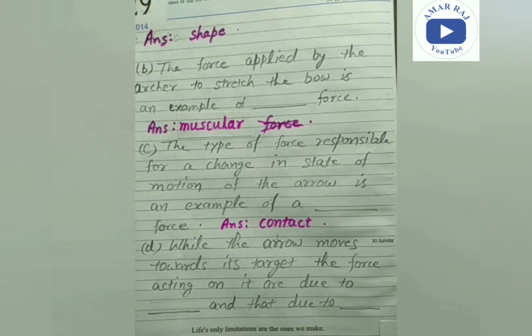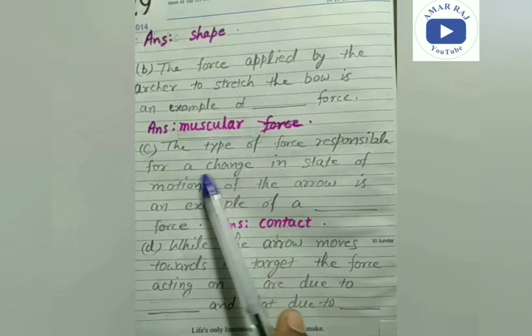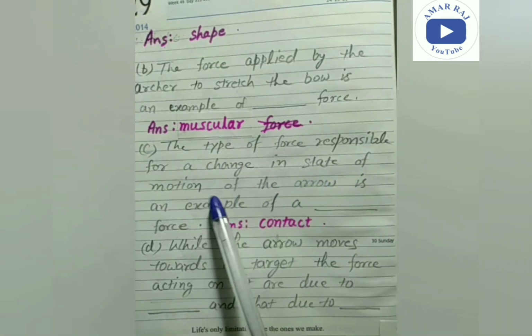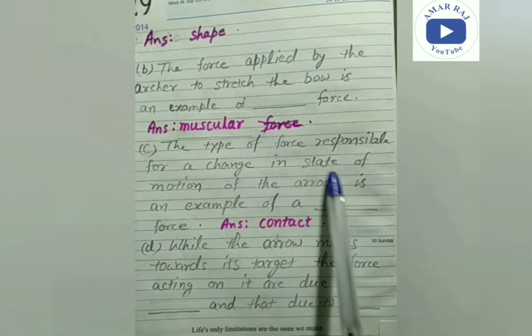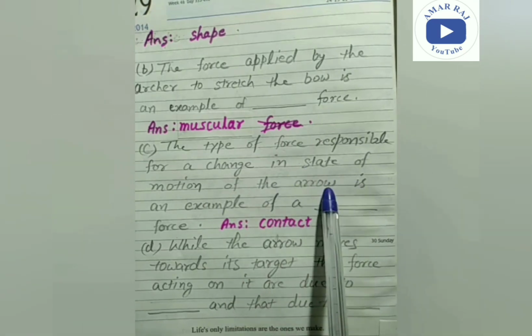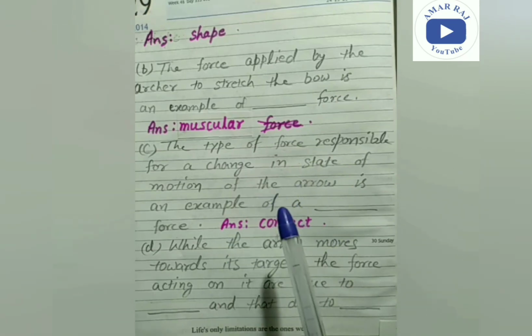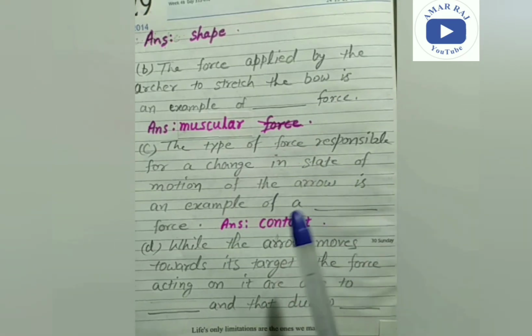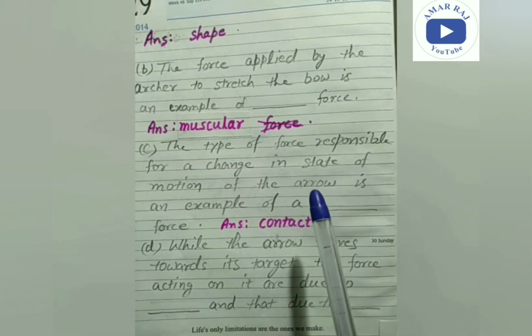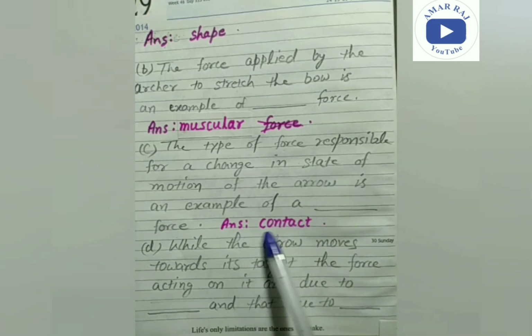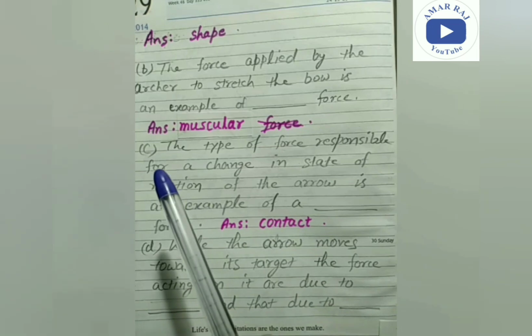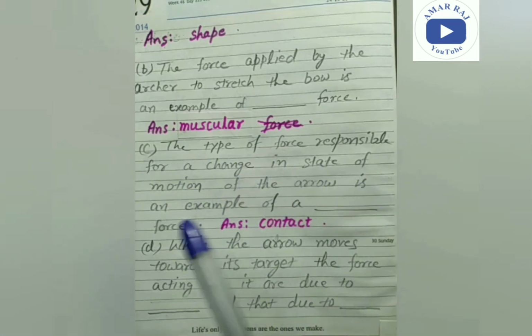The string of the bow can only exert force on the arrow when it remains in contact. You know, bow and arrow. So it is a contact force because the arrow cannot be thrown without the contact of the bow or its string.